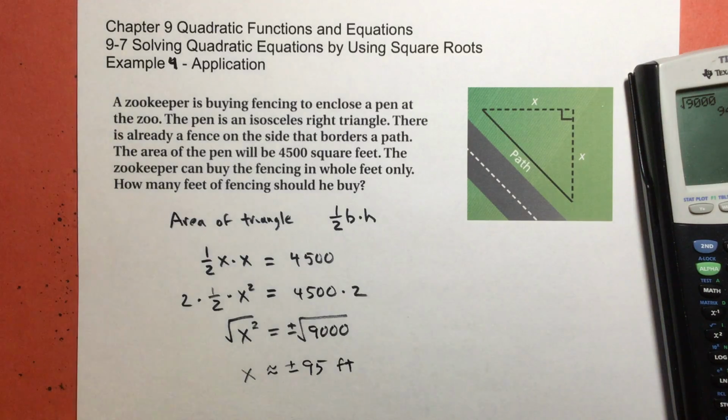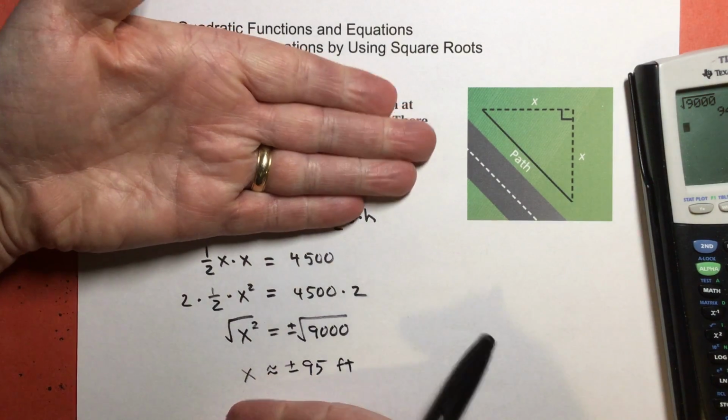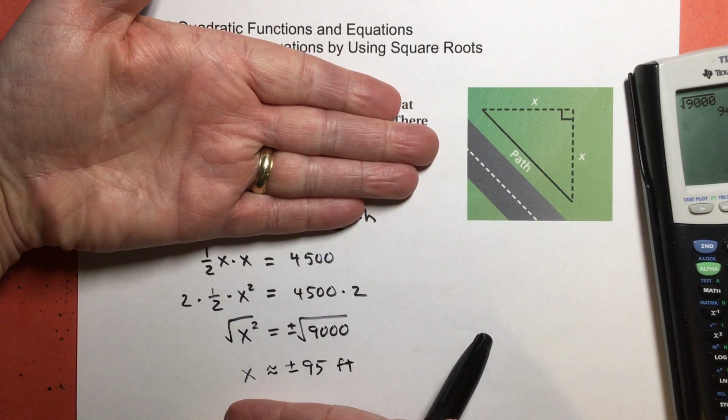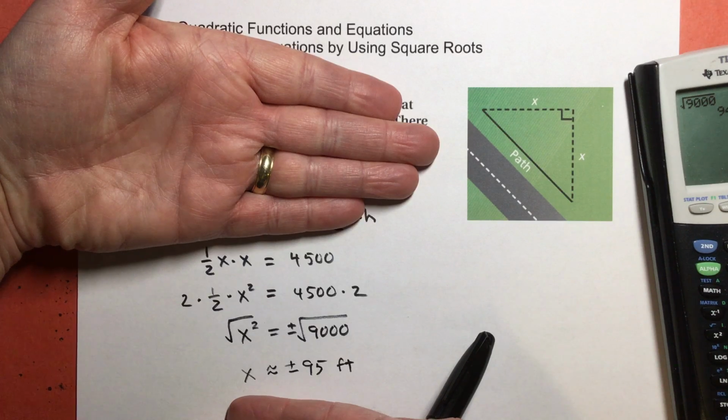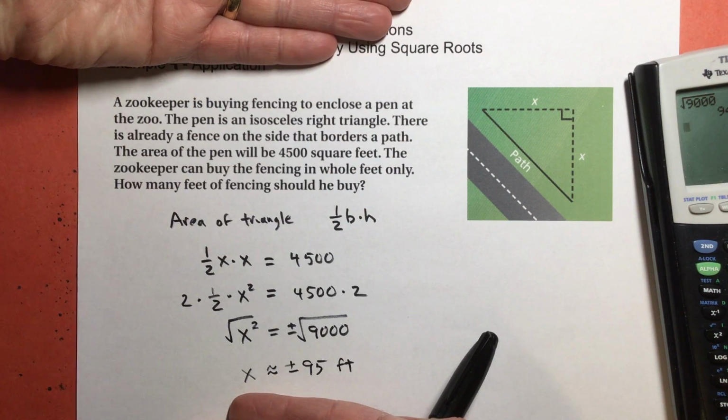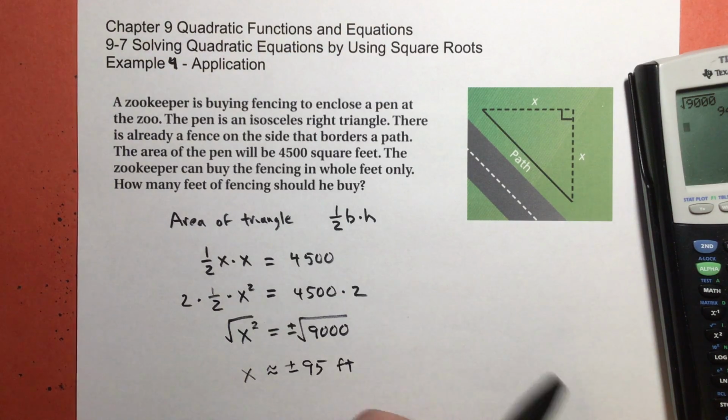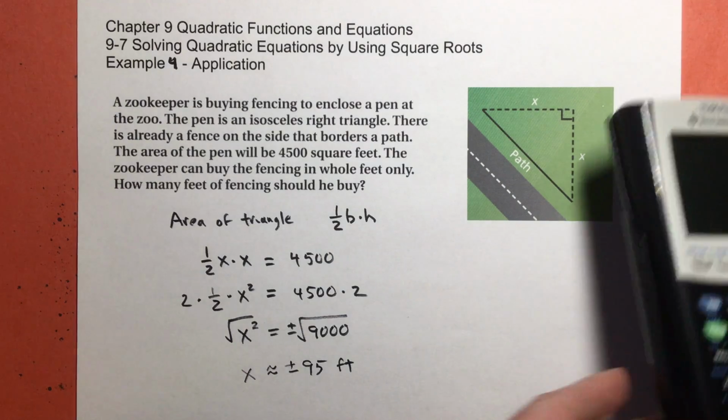I always get two solutions to a quadratic equation. Everything from here is just algebra, but this actually comes from a story problem, a real life problem, an application problem. So now I have to look at my solution and see if it actually makes sense in the application.